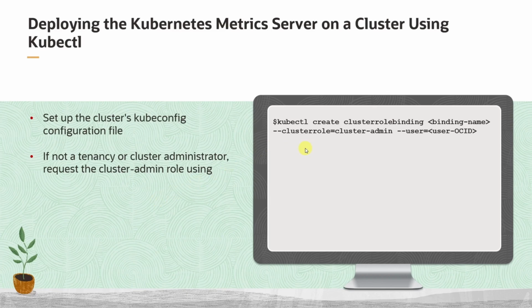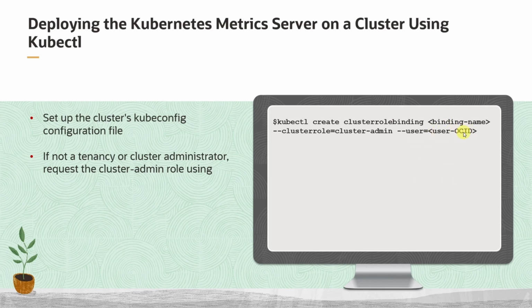To do that, you can use the kubectl create clusterrolebinding command, specify the name of the binding and set the clusterrole flag to cluster-admin. Also specify the user flag and provide the user's OCID. In our case, the user I'm running this demonstration with is already an administrator, so I'll skip this step.